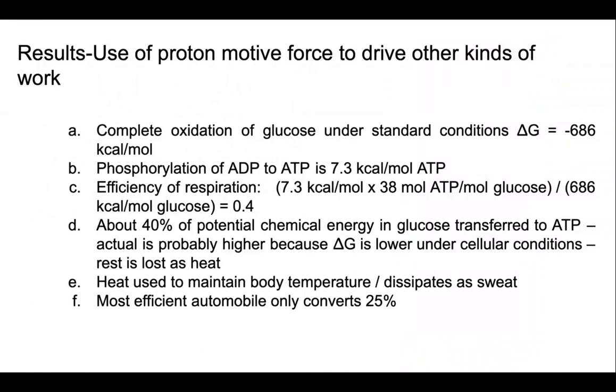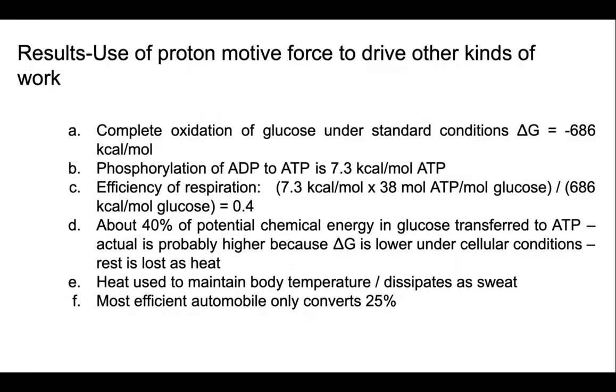So we use this proton motive force to drive other kinds of work. When we look at the complete oxidation of glucose under standard conditions, it's going to give you 686 kilocalories per mole. When you phosphorylate ADP to ATP under standard conditions, it's going to give you 7.3 kilocalories per mole.